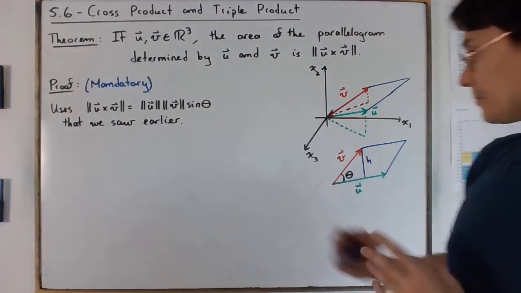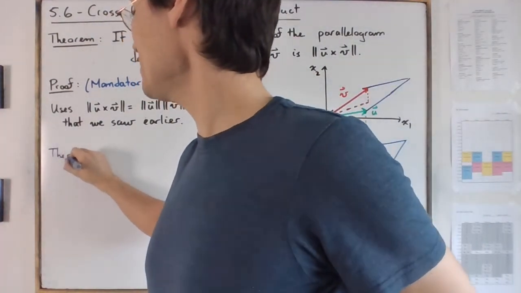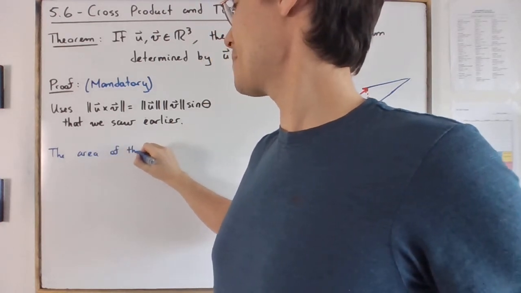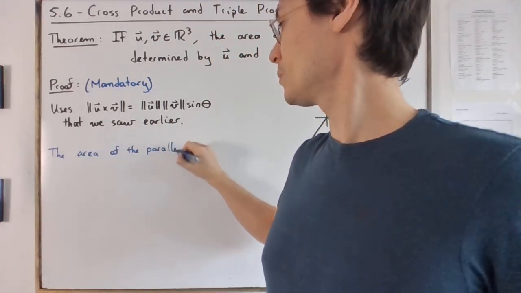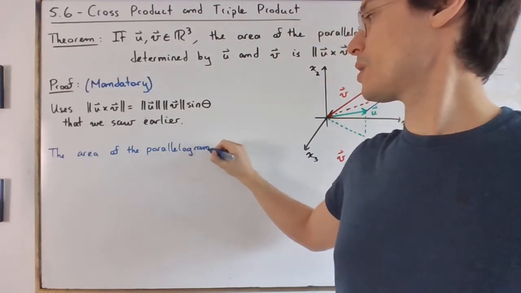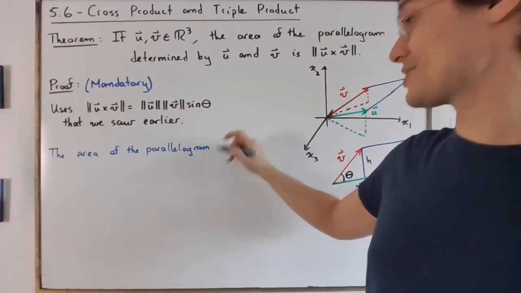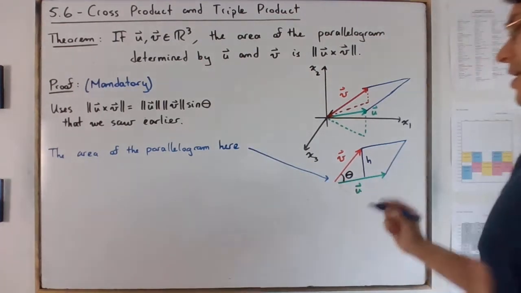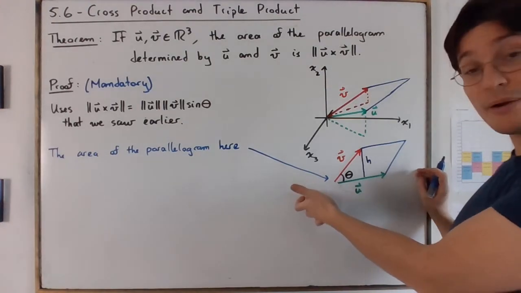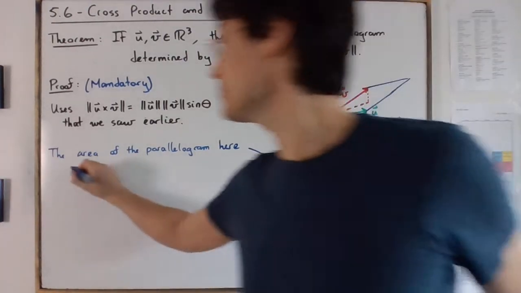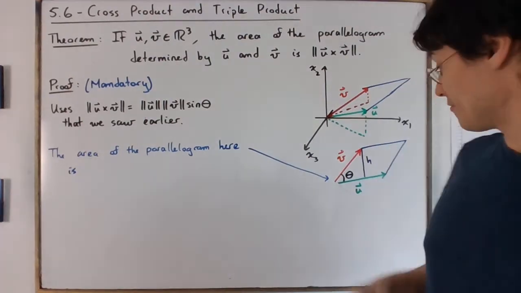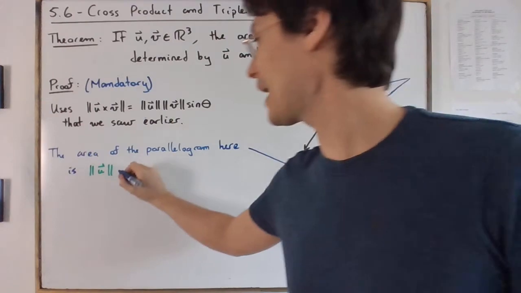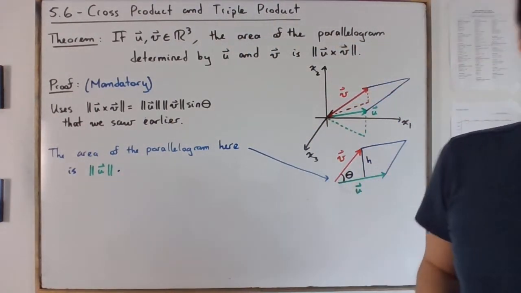Okay, so the area of the parallelogram, let's say here, will be the norm of u, which is this, multiplied by the height h.